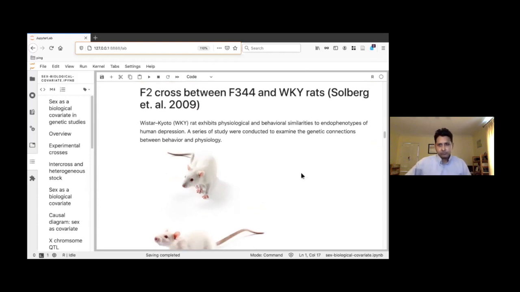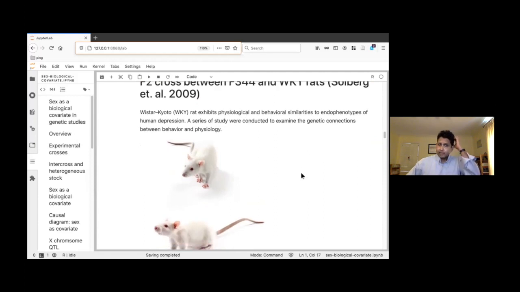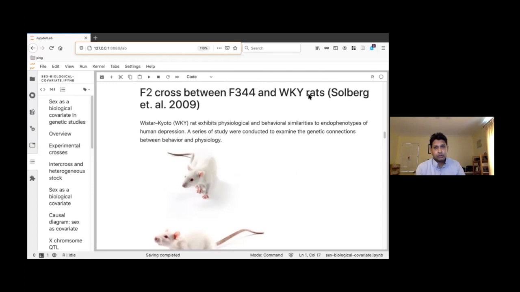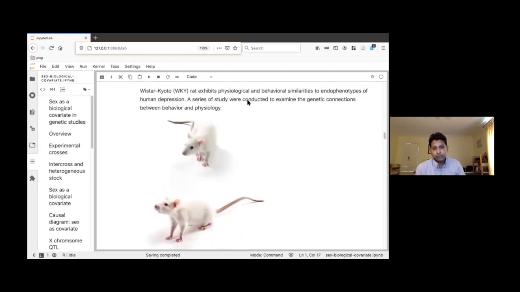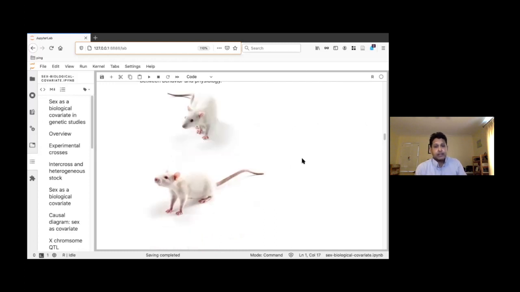The idea was that the WKY rat exhibits physiological and behavioral similarities to endophenotypes of human depression. And so they made a cross between these two strains of rats and did a QTL F2 cross, to examine the genetic connections between behavior and physiology.